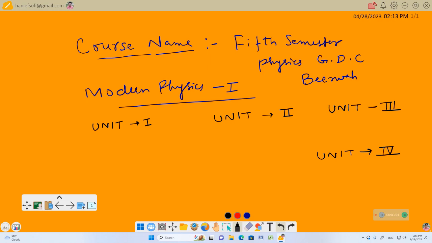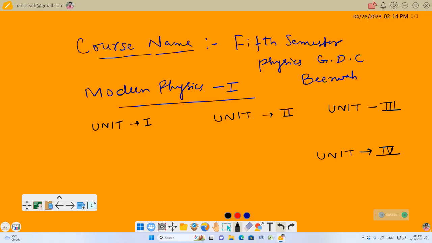And Unit 3 deals with the electron spin, Stern Gerlach experiment, Pauli's exclusion principle, angular momentum, LS coupling, JJ coupling, Zeeman effect, and quantization of rotational energies.